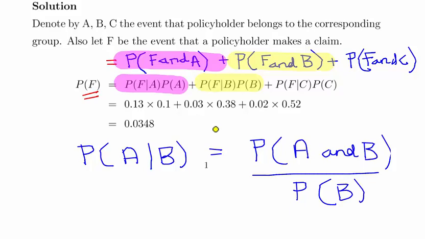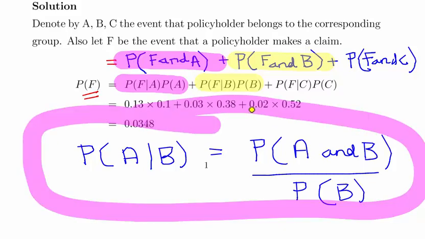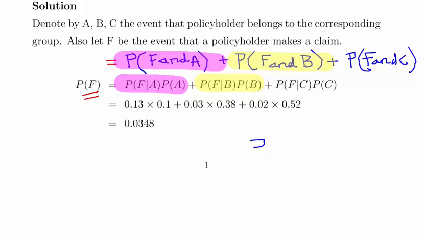This is just the generic formula here. So essentially what I'm going to do is rewrite that as probability of B times the probability of A given B is equal to the probability of A and B. It's just a cross multiplication. And that's how we go from here to here.